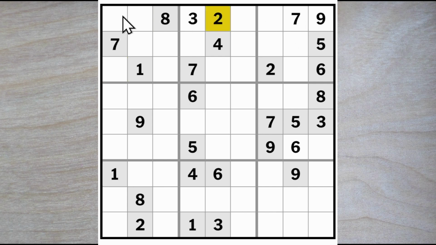So 2 blocking over and up gives me a 2 here. And the 9s now, 9 blocks over and up. One of these is a 9, therefore we will have a 9 here or here. 2 and 8, 2 and 8, 2 and 8 in 2 of these 3 squares.